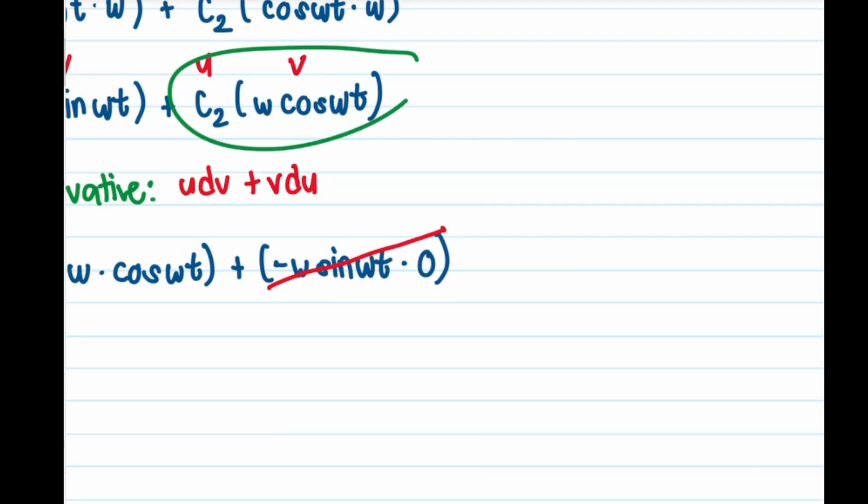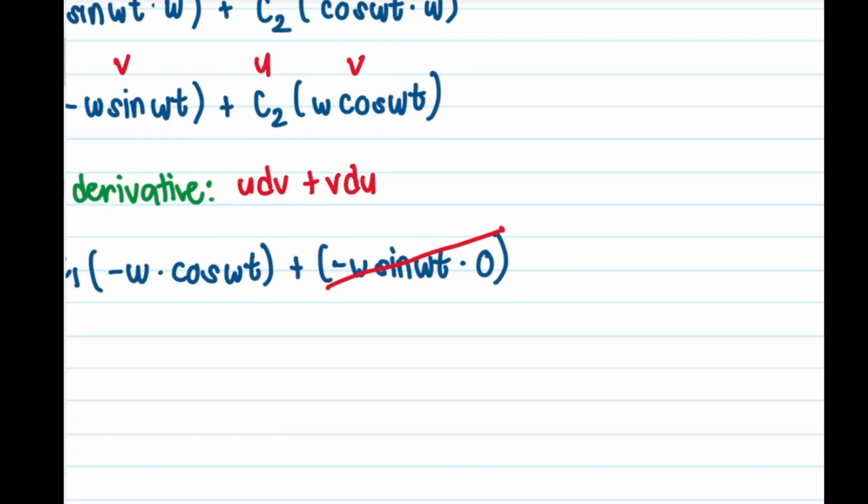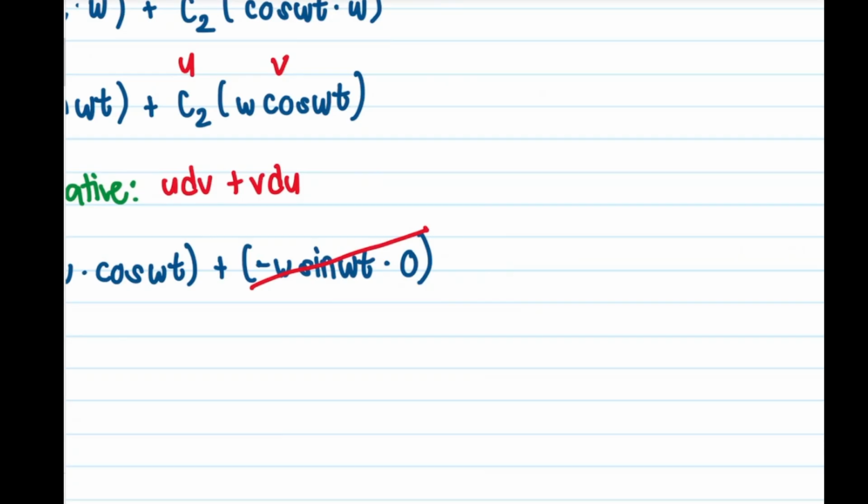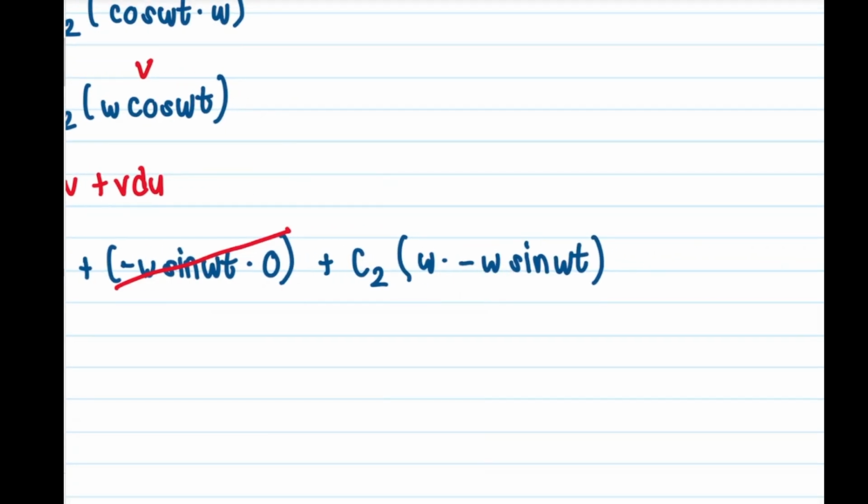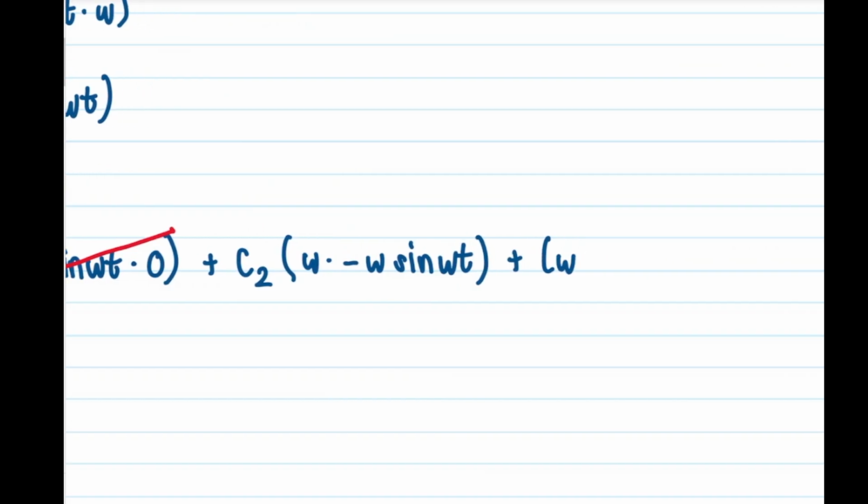The derivative of this one will be C2, plus C2 multiplied to the derivative of v, which is w times negative w sine wt, plus w cosine wt times 0. The derivative of constant C2 is 0, so this one will also be cancelled out.